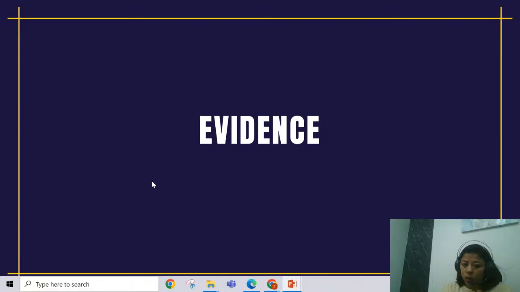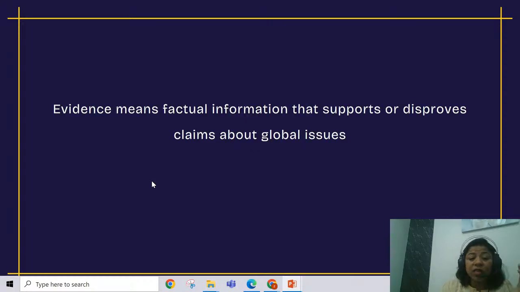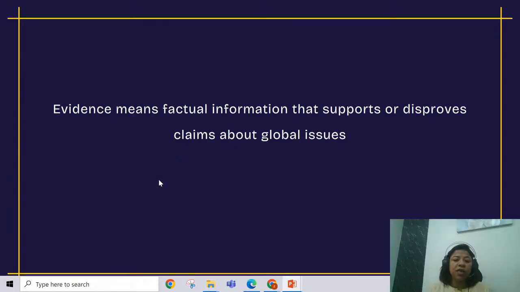The first vocabulary that we are going to decode today is evidence. When I say evidence, it means factual information that supports or disproves claims about a global issue. We had already discussed that the difference between a claim and an argument is that a claim is something that you think is correct, but an argument is something that you think is correct based on some evidence, meaning statistics, data, facts, and figures.